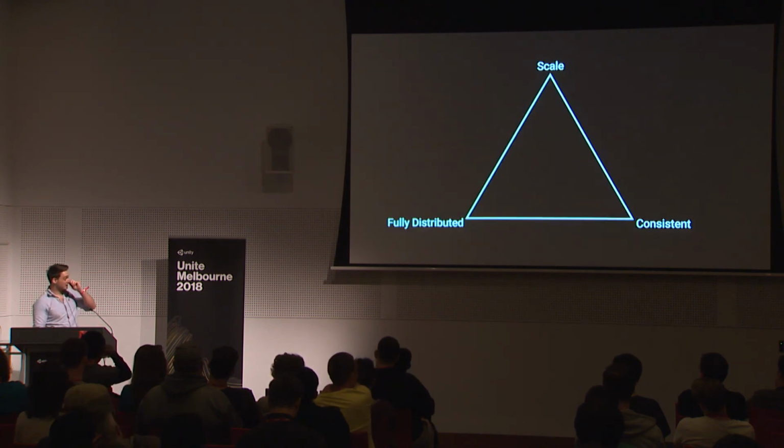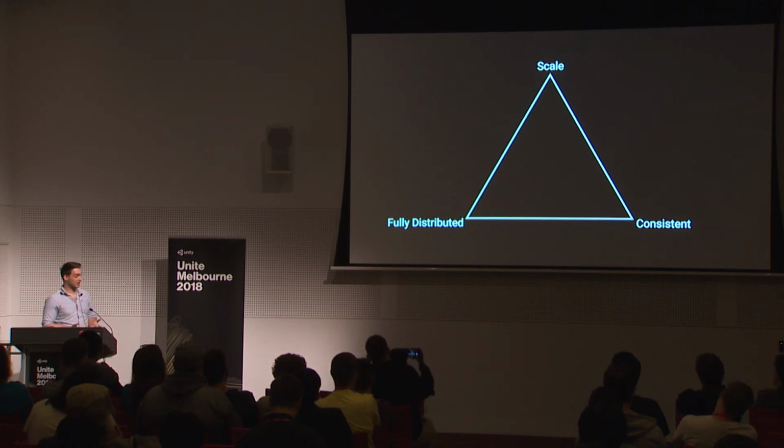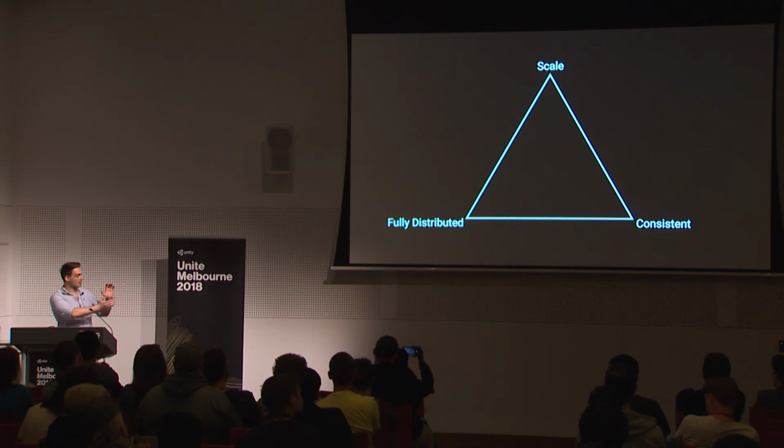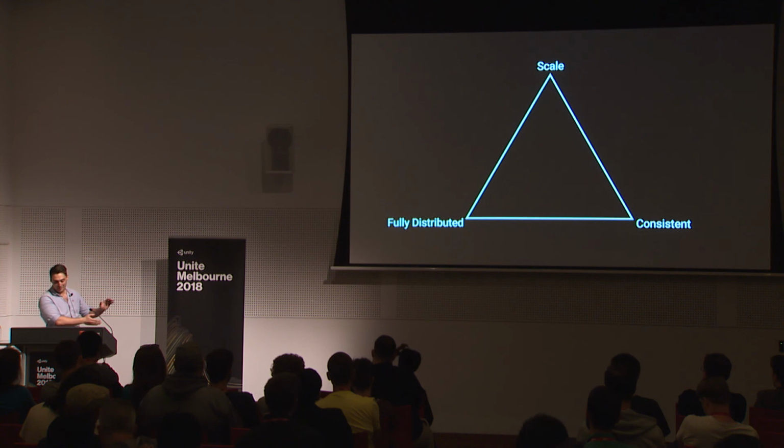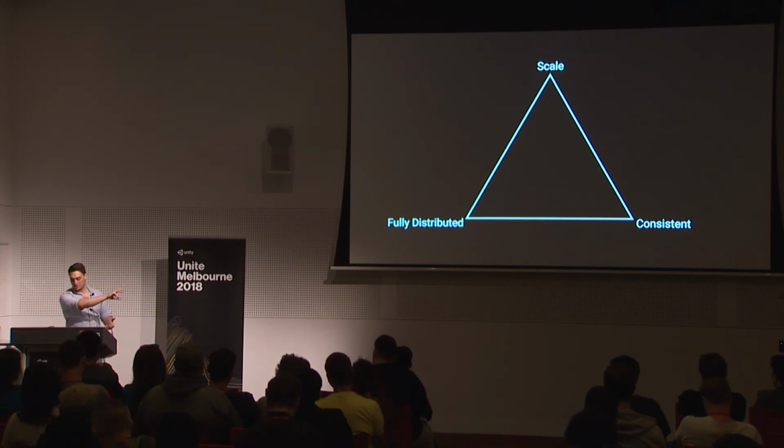And the trade-off can be seen with this triangle. All apps on the blockchain tend to pick a couple of sides of this triangle, and the more you move in one direction, the more you move away from the other. So the truest blockchain apps, I guess, tend to be the ones that are most fully distributed and consistent. So they have consistent data, i.e. up-to-date data.